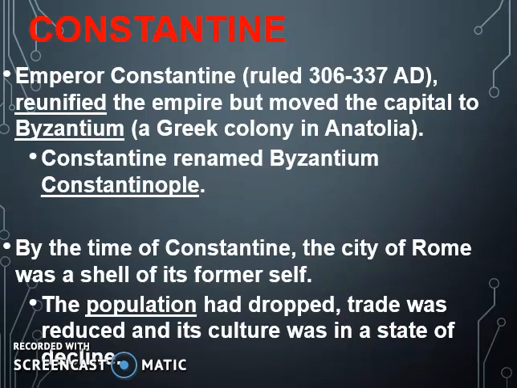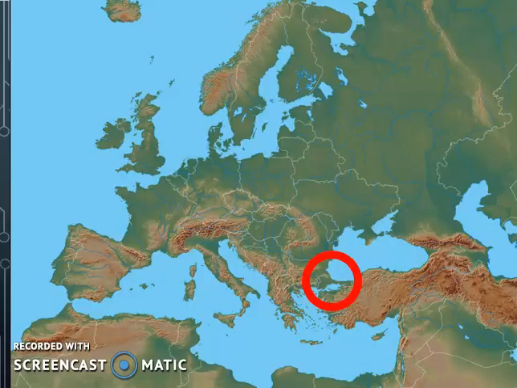The population had dropped, trade was reduced, and its culture was in a state of decline. So he moved the capital from here on the Italian peninsula to over here. Byzantium renamed Constantinople.